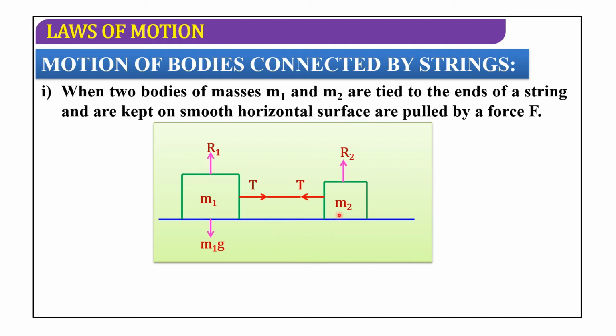R1 and R2. For mass another body M2, for M2 this is M2G, and these are kept on a smooth horizontal surface and pulled by the force F. Acceleration is in this direction.